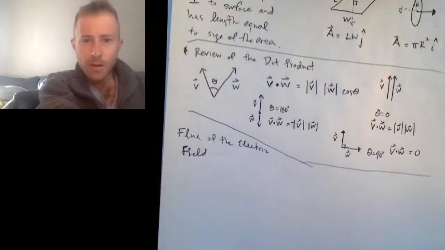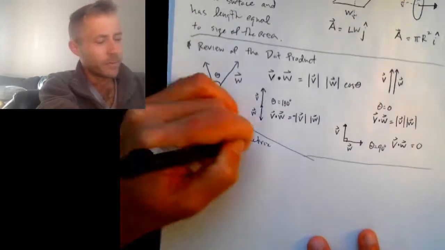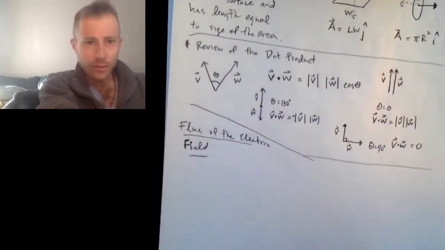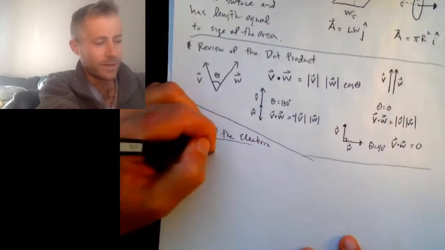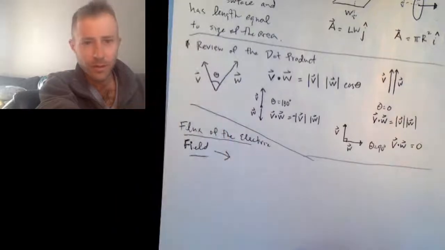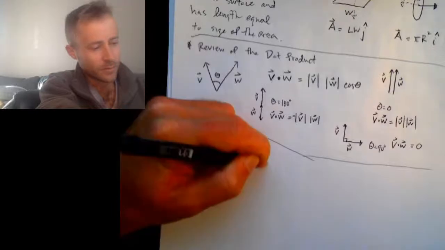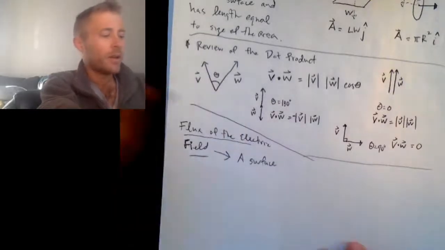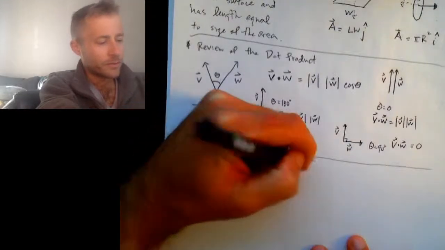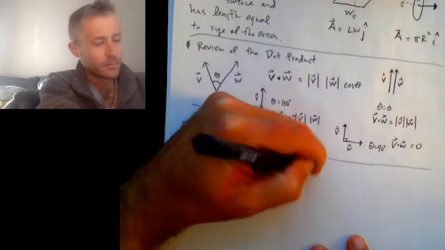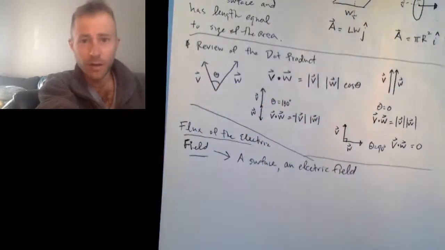Okay, so the flux of the electric field, what you need in order to calculate it is a surface, okay, and an electric field that is defined on that surface.